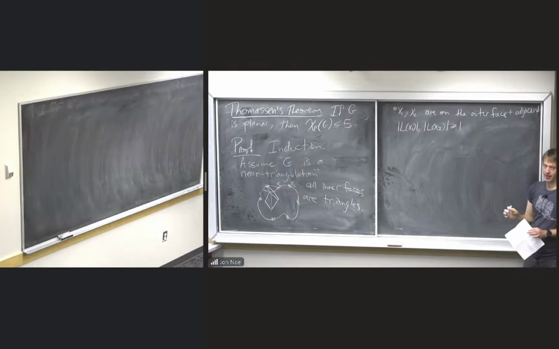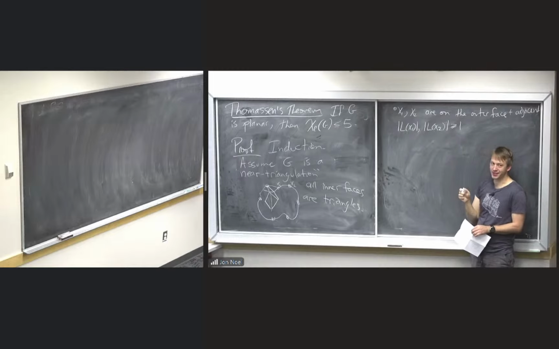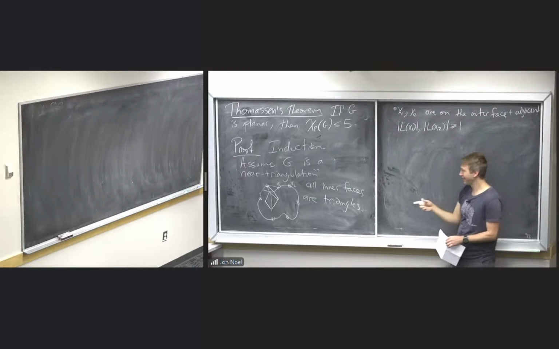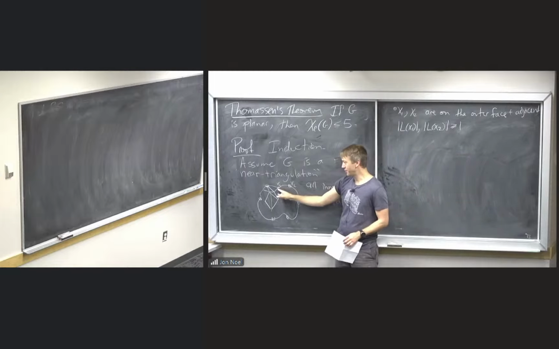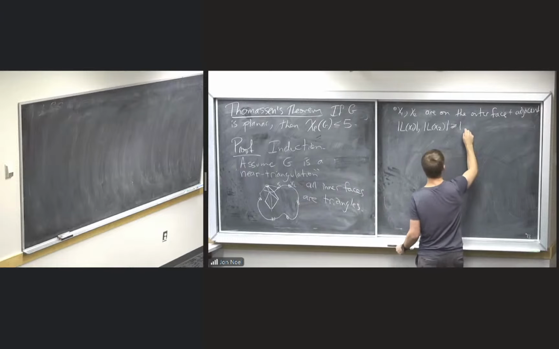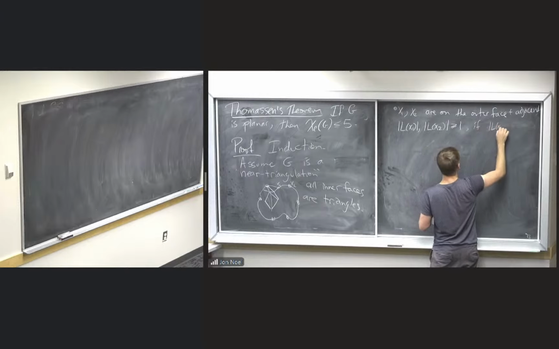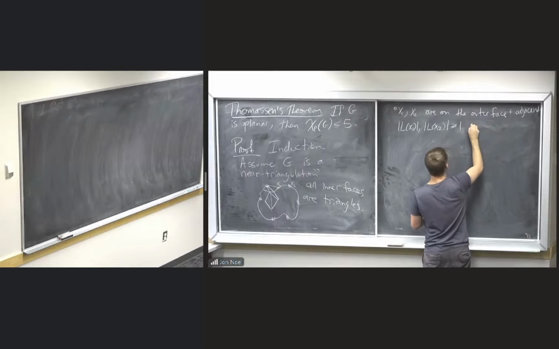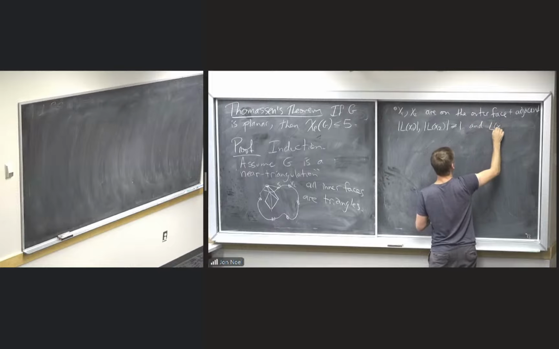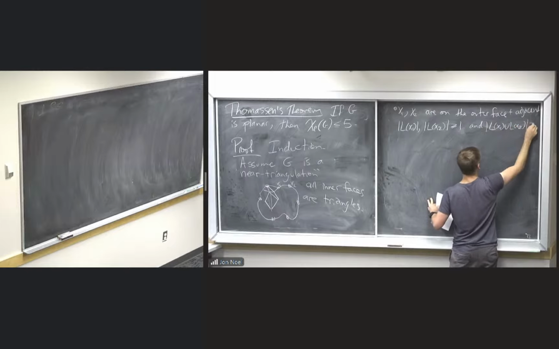All I'm going to say is they've got at least 1 color each. But if each list has size 1 and it's the same color, that's bad, because if they're adjacent and one only has red and the other has red, it's already screwed. So I also have a constraint that the union of the 2 lists has size at least 2.